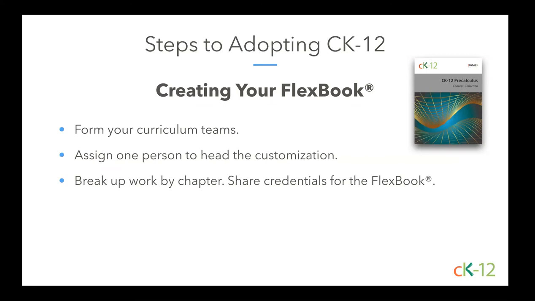So maybe one or two people share the work of customizing a chapter. They all work under the same credentials. And I know Lindsay in FlexBook 101 and Katie later in advanced editing of FlexBooks are going to talk more about this. But the idea is that we offer limited collaboration here on CK-12, but there are ways for you and your team to successfully customize a book.